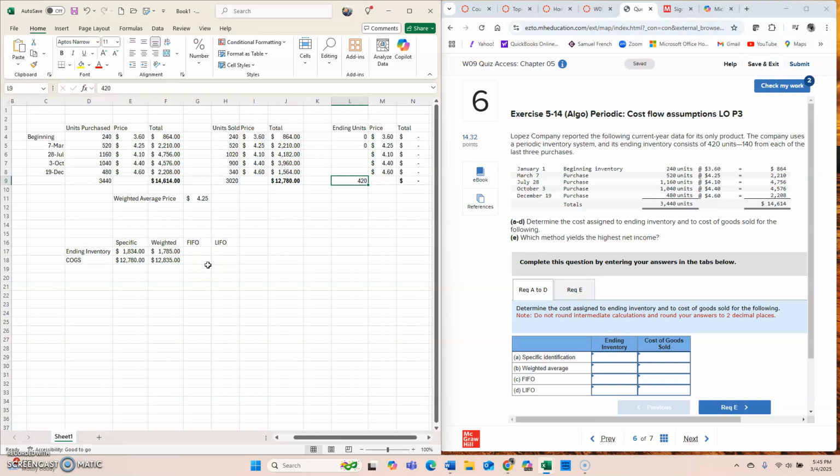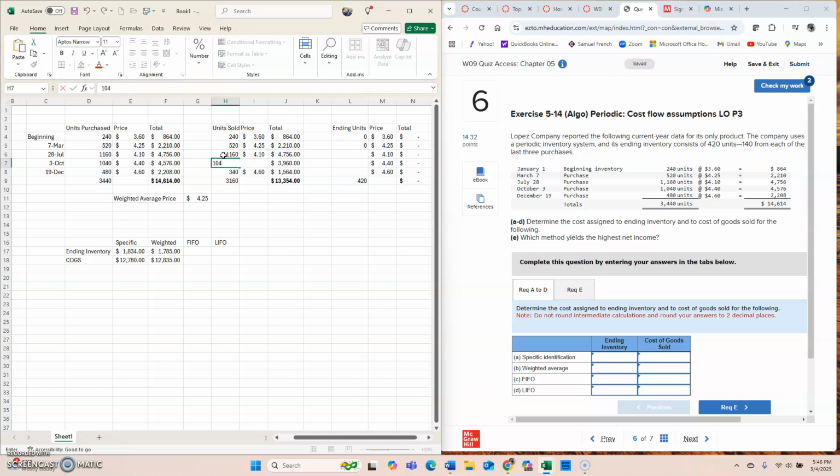So that means that we sold 3,020 units, and it's going to first come from the very beginning. So we are going to use 240 from our beginning. We are going to sell the full amount of our March 7th. We're actually going to sell the full amount of our July 28th purchase.